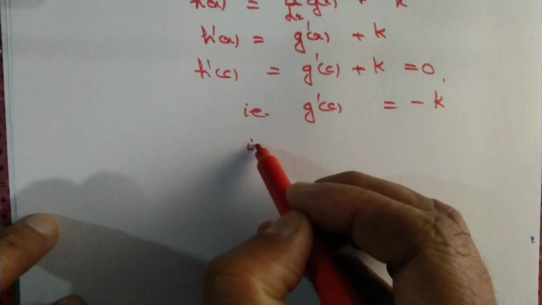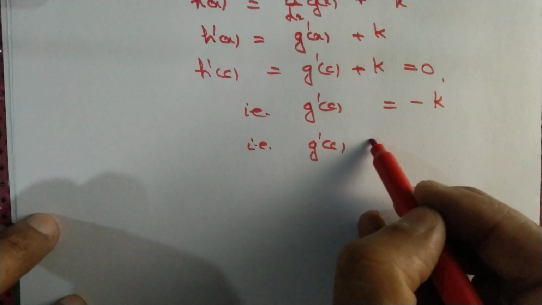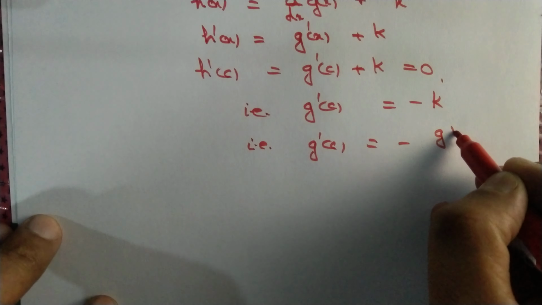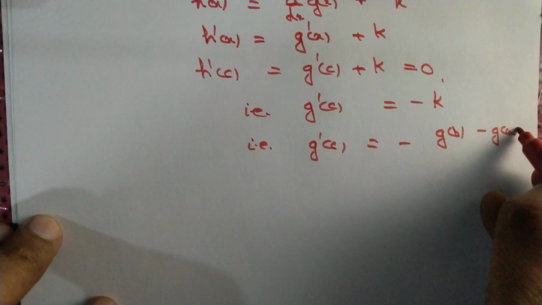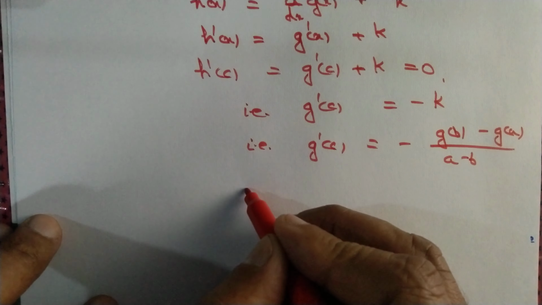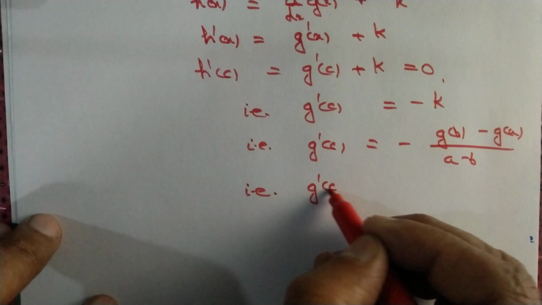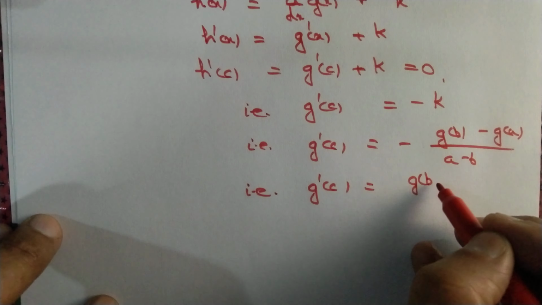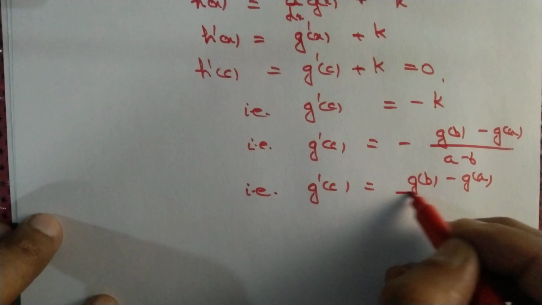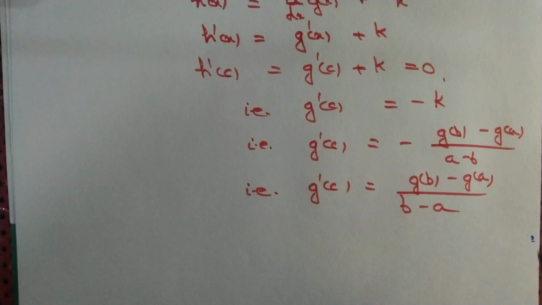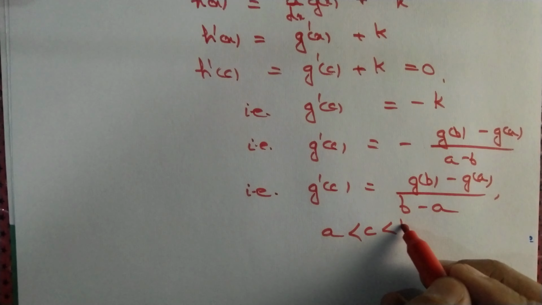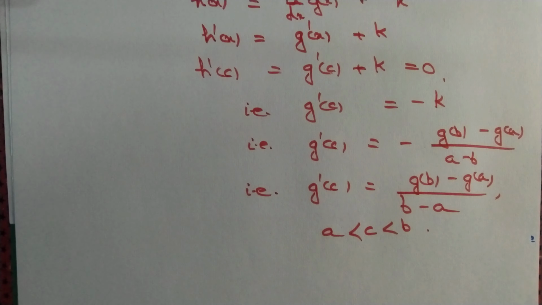That is, g'(c) equals -(g(b) - g(a))/(a - b), that is, g'(c) equals (g(b) - g(a))/(b - a). And that c lies in the open interval (a, b), or c is greater than a and less than b. So we have proved Lagrange mean value theorem for the arbitrary function g. So we have proved Lagrange mean value theorem.